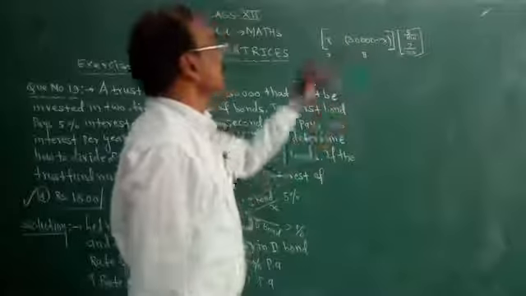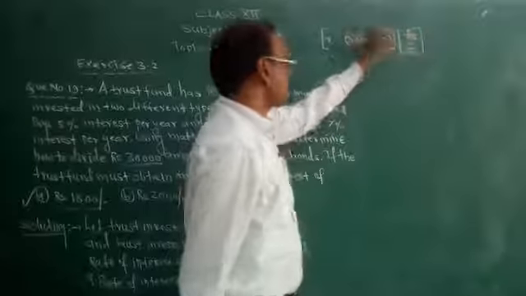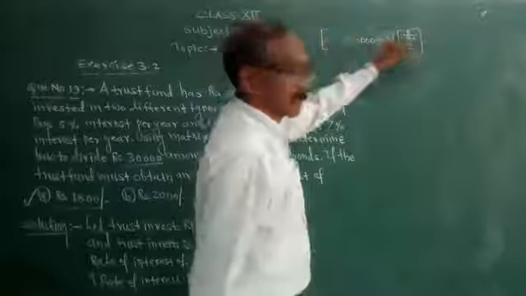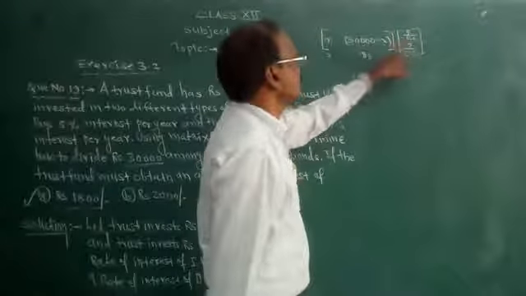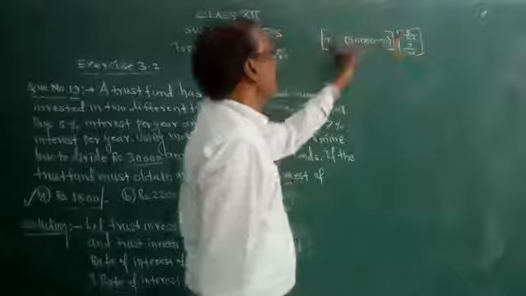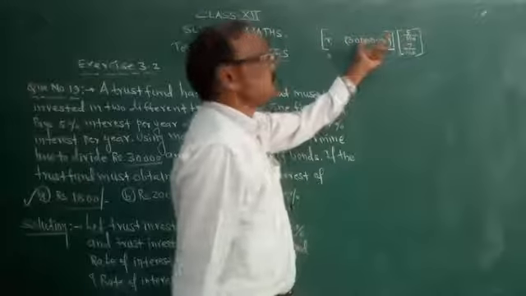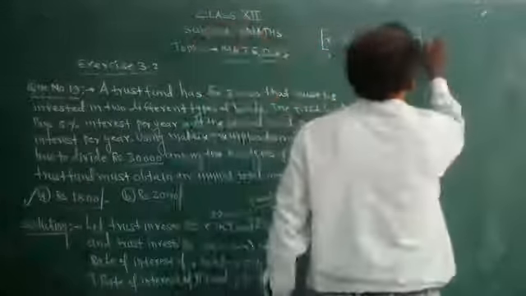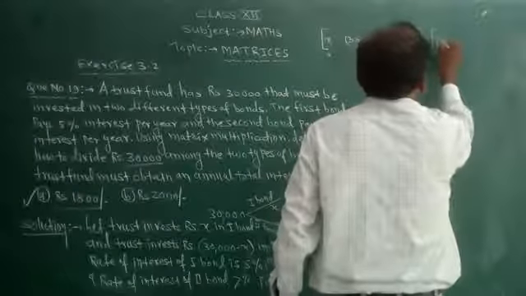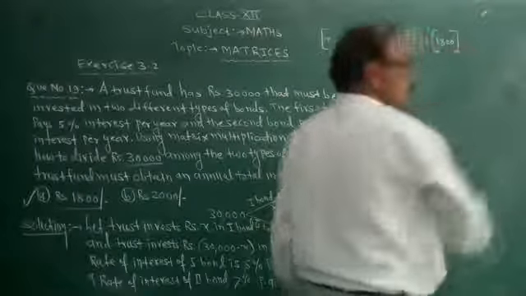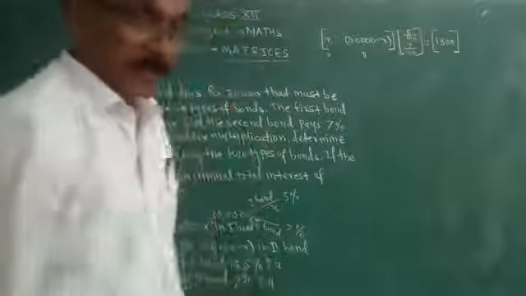So definitely X into 5% of X, to take the multiplication, X into this plus this into this. So 5% of X plus 7% of this much amount, total he wants rupees 1800 as a total interest. Now solve this and get the answer.